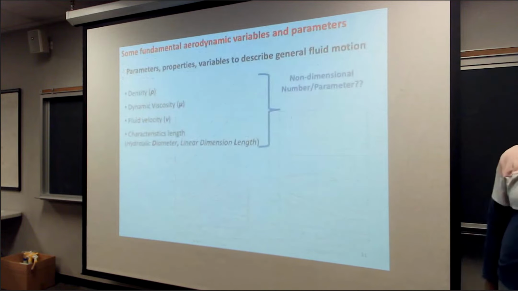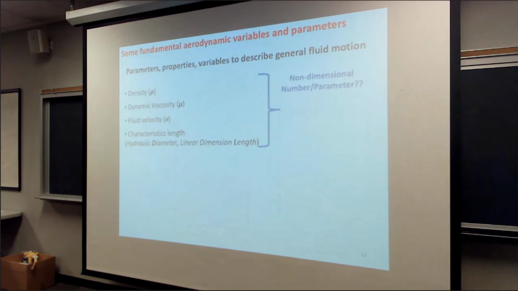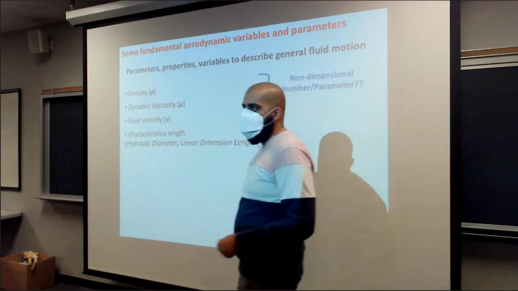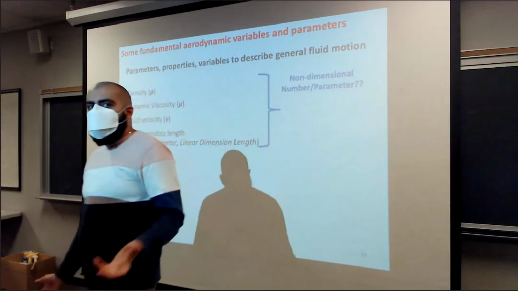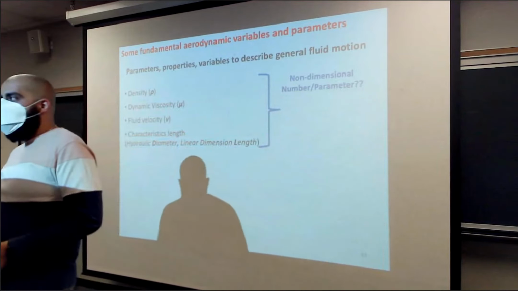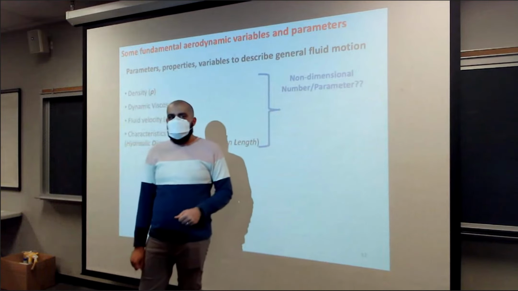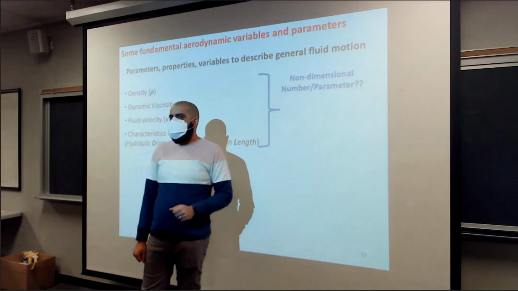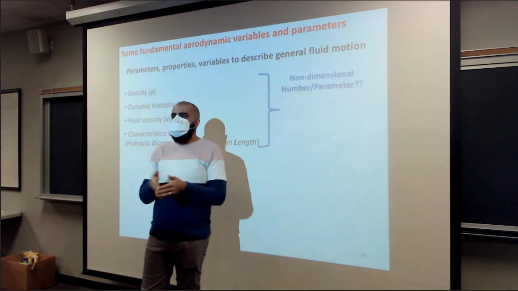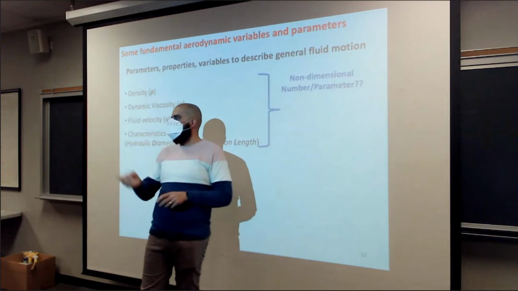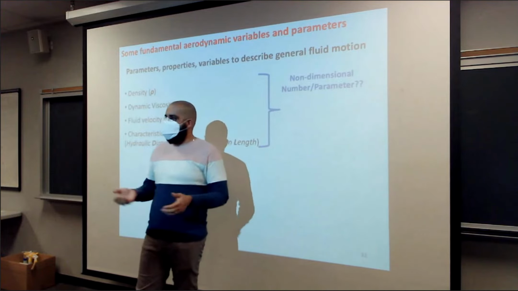Something you really need to start the analysis in fluid mechanics in general is the non-dimensional parameters. Who can tell me one of the most famous dimensionless parameters in fluid mechanics? Reynolds number, right?